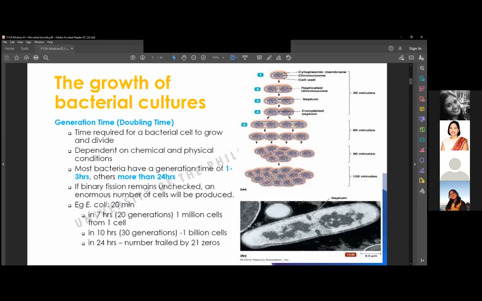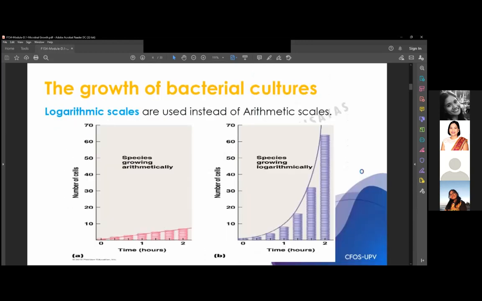It can grow to as many as 1 million cells from a single cell in 7 hours, to 1 billion cells in 10 hours, and to 21 zeros in 24 hours. That's how fast E. coli multiplies. So next slide.